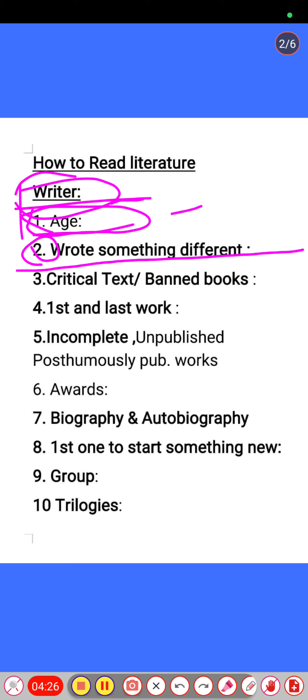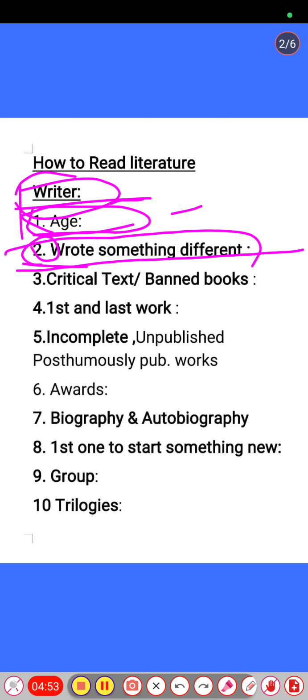R.K. Narayan was majorly famous for his novels and his collection of short stories. But do you know that he has also translated Ramayana and Mahabharata? This kind of information plays an important role when you are reading any writer. Okay, so this is what wrote something different is all about.